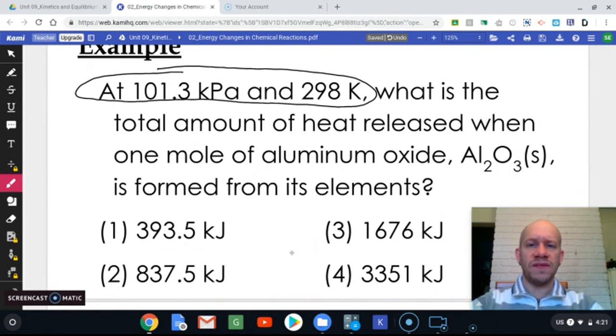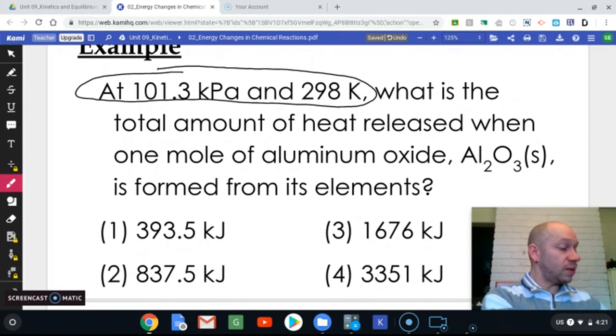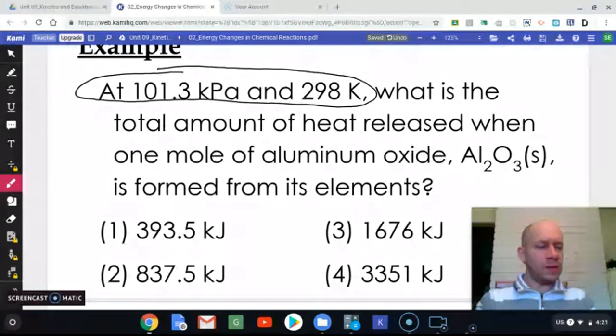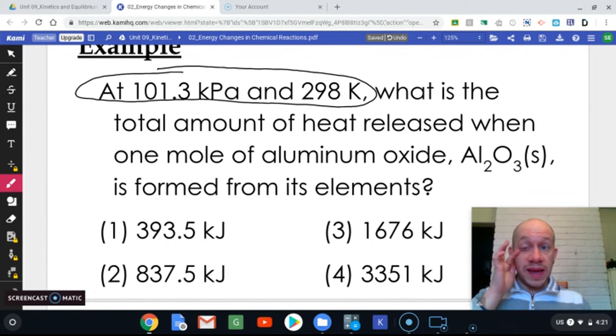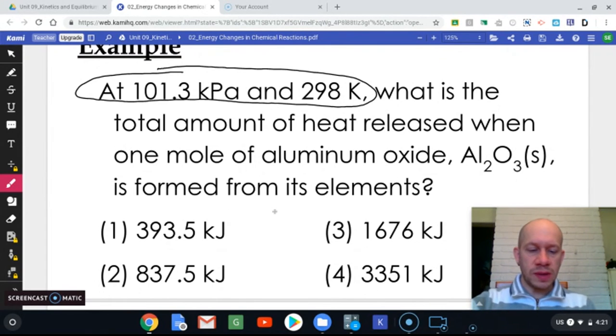What is the total amount of heat released when 1 mole of aluminum oxide is formed from its elements? So if you pull out your reference table, I have mine right here, look on Table I. I know you don't have it out, so get it out. You're going to find on Table I aluminum oxide, Al2O3. It's about a third of the way down. It's formed from its elements, aluminum and oxygen.